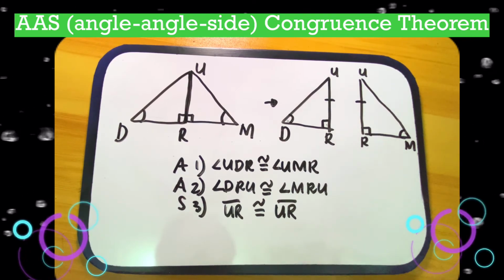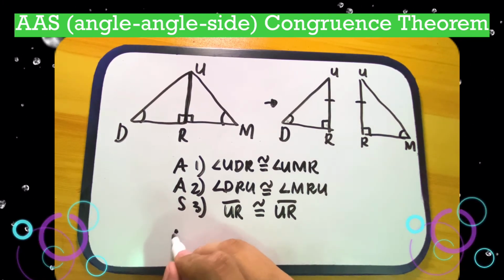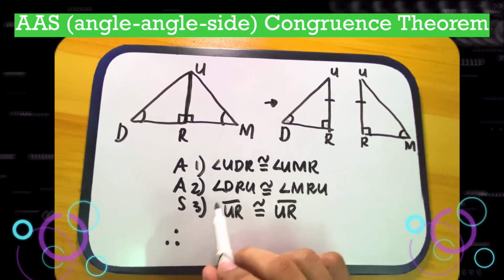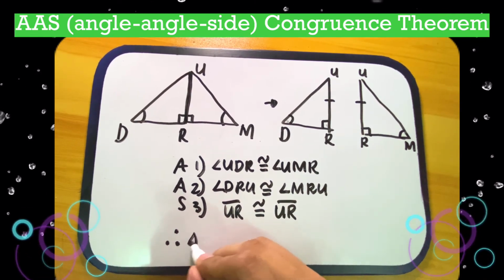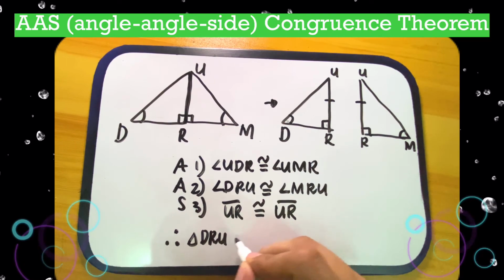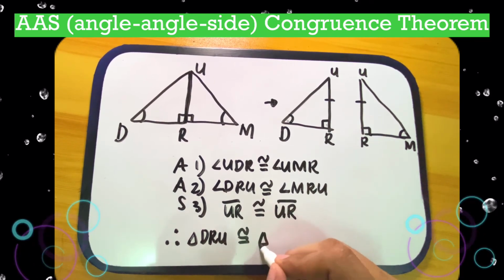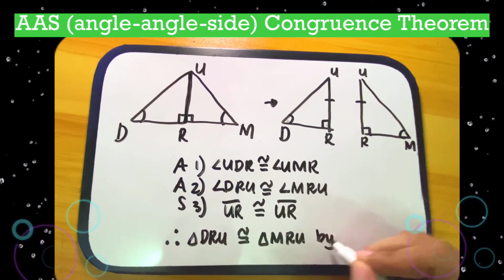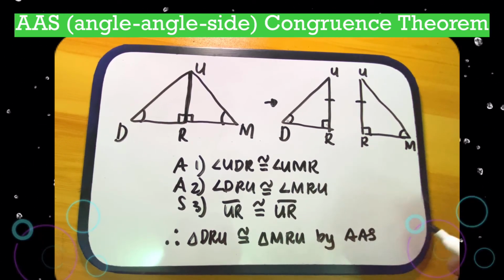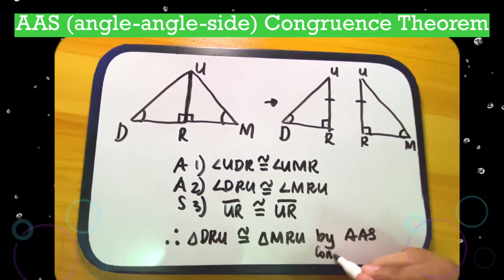So that is angle, angle, side. We can say that triangle, I will choose number 2 statement, triangle DRU is congruent to triangle MRU by angle-angle-side congruence theorem.